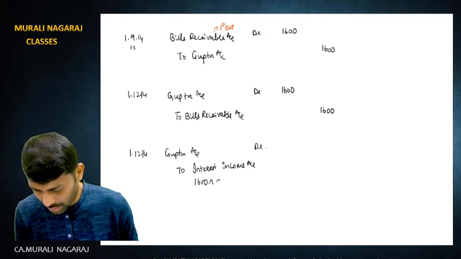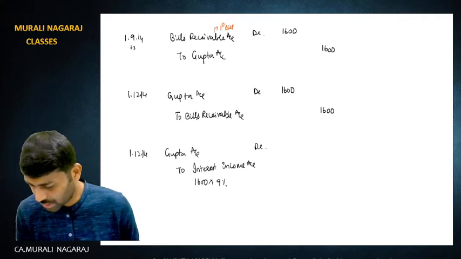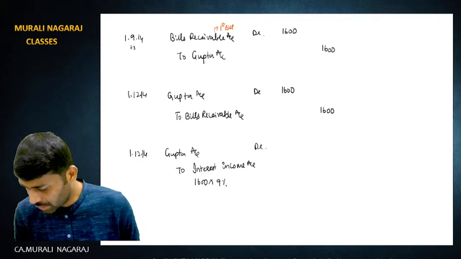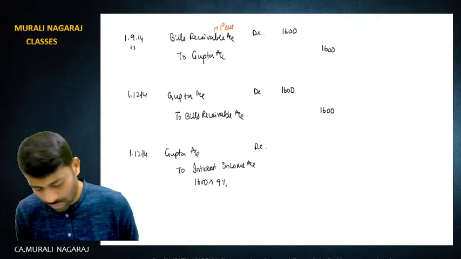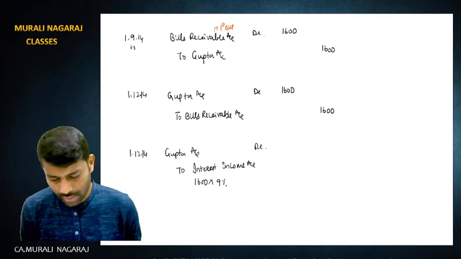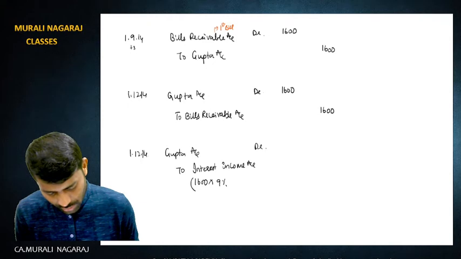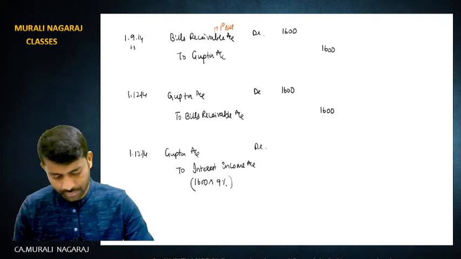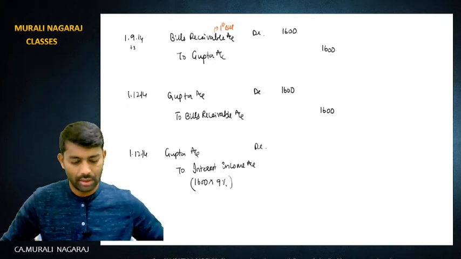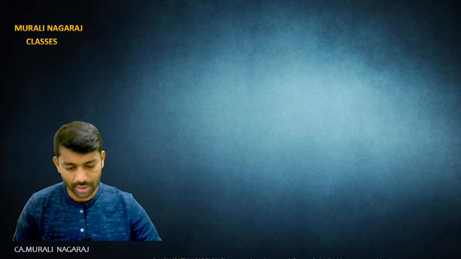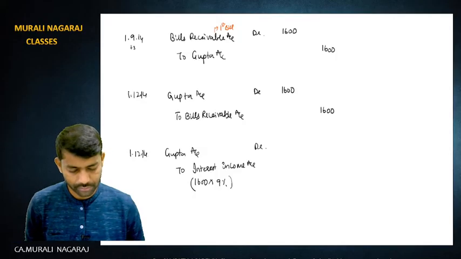The interest is 1600 into 9% into 2 by 12. Just for 2 months, interest has to be calculated.